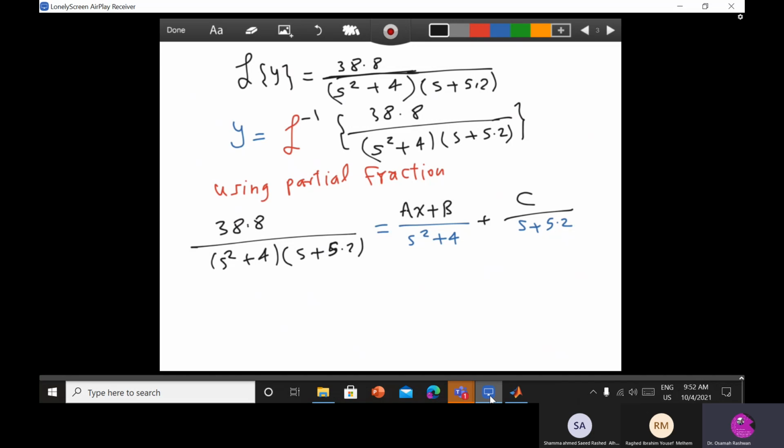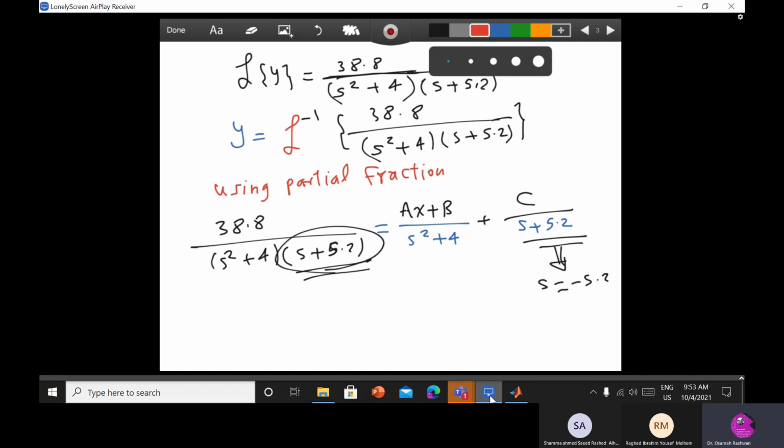C is the easy one to get. How to get it? You're just hiding this one, which is down C. What makes this one equal to 0? S equal to minus 5.2. So I'm just hiding this one and substituting here s by minus 5.2, squared plus 4, and I have here 38.8. Can you calculate this one for me, please?